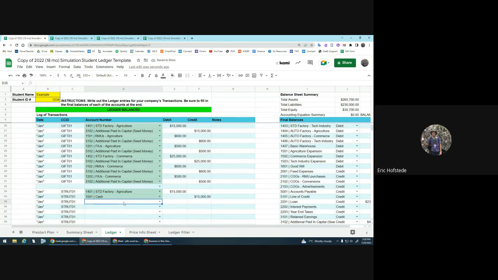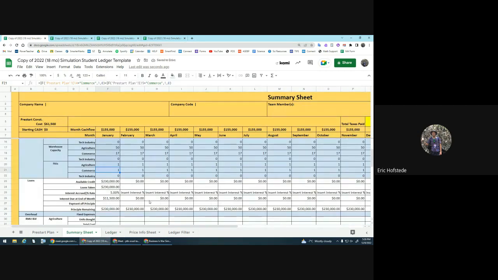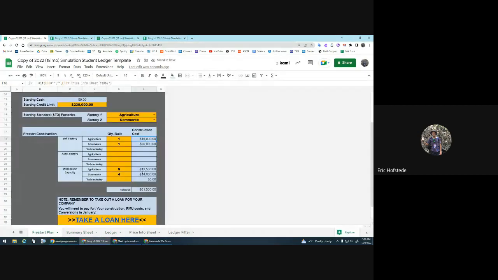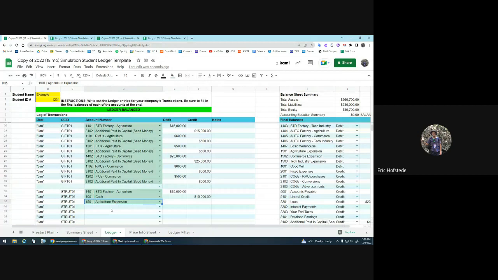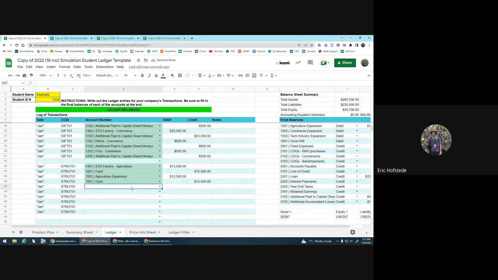All right, and I also have these agriculture warehouse upgrades or an agriculture expansion, and the total cost for that was 12,500. And again, I pay for that with cash. All right, that takes care of my agriculture startup costs.